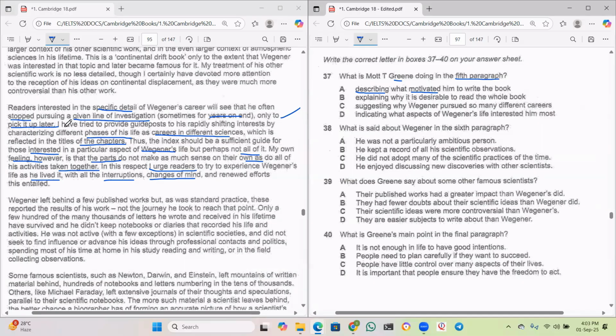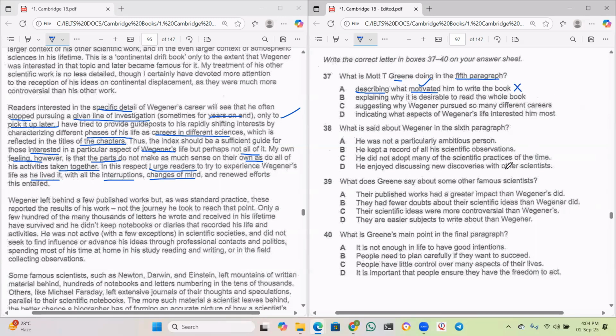I have tried to provide this. Index should be sufficient. My own feeling is that I urge these readers. So, did he talk about his motivation to write the book? I did not read anything about what motivated him, right? So, yes, obviously A cannot be the answer.